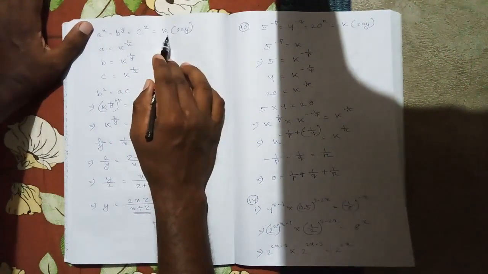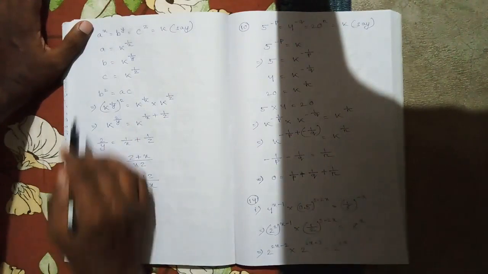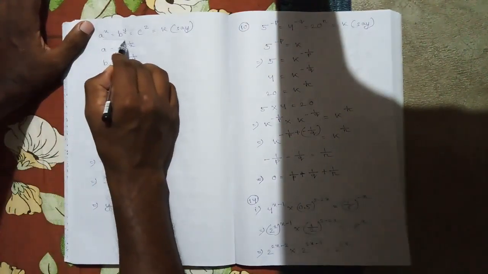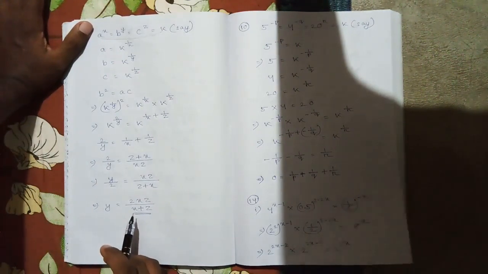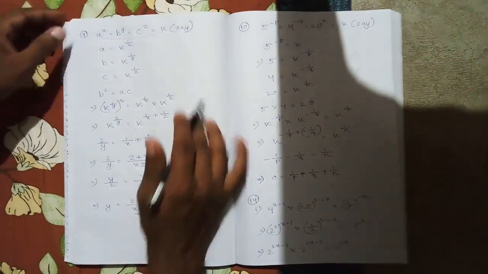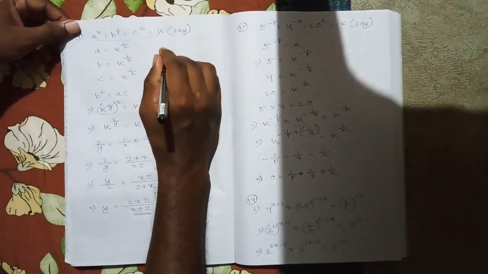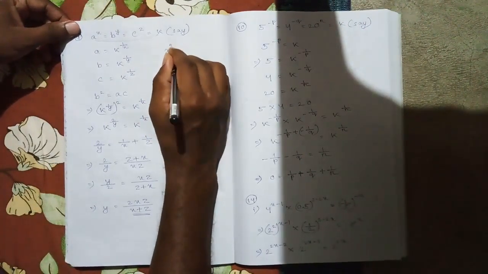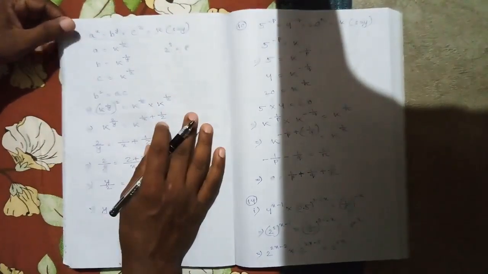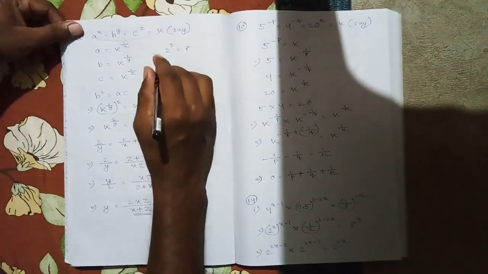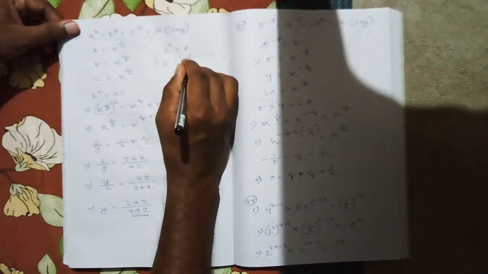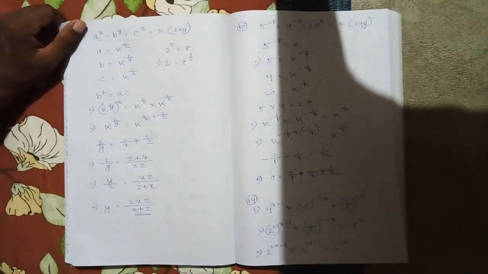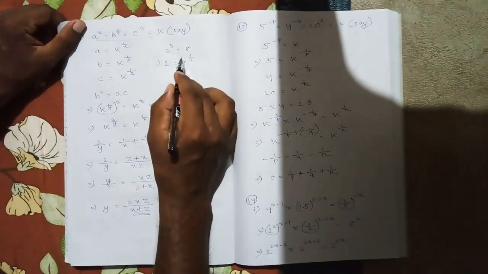Let it be k, suppose. If a^x = k, then a = k^(1/x). For example, 2³ = 8, then 2 will be 8^(1/3), because if you solve this you will get 2.